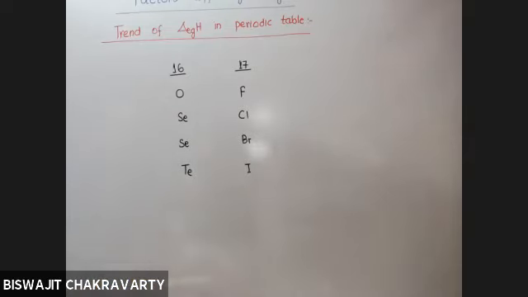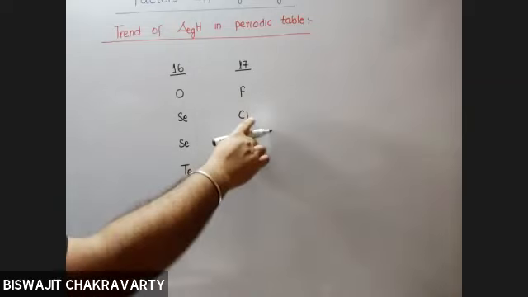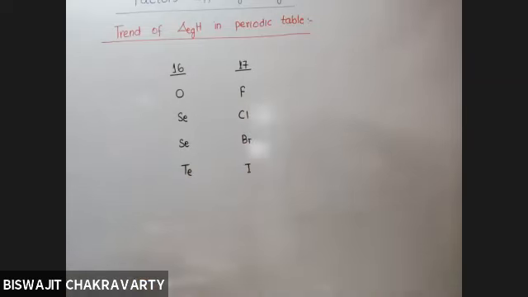Now, whatever I have discussed, according to the delta EGH, who do you think out of these four should have maximum negative delta EGH? The fluorine. And who out of these four should have maximum negative delta EGH? Oxygen.